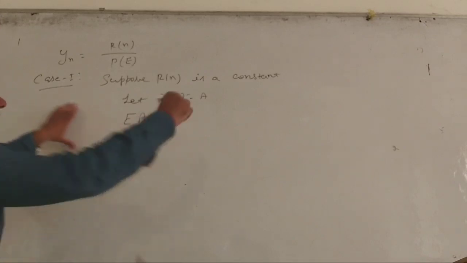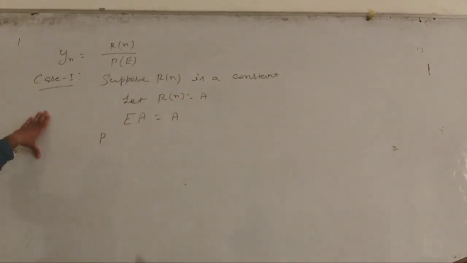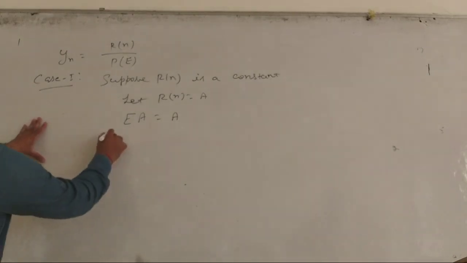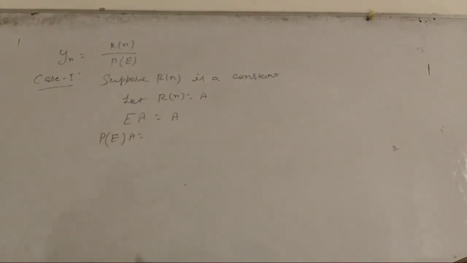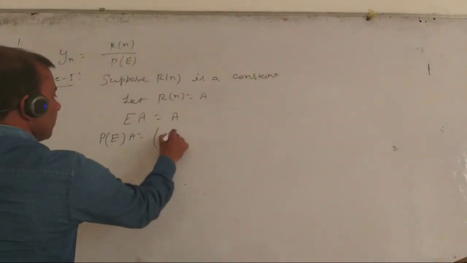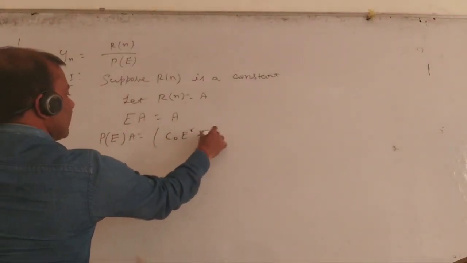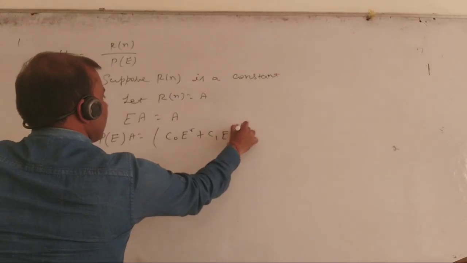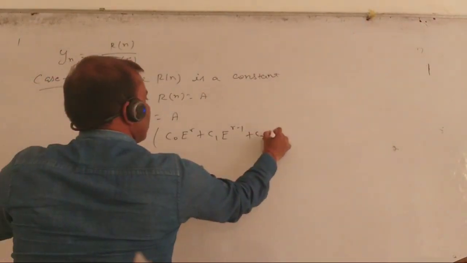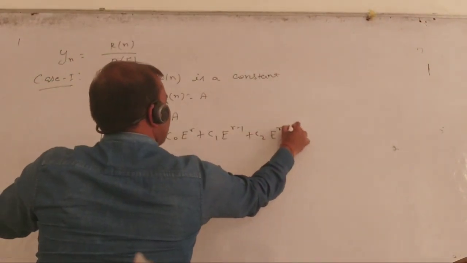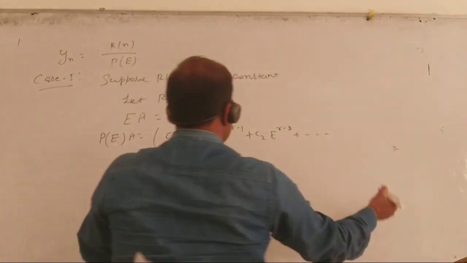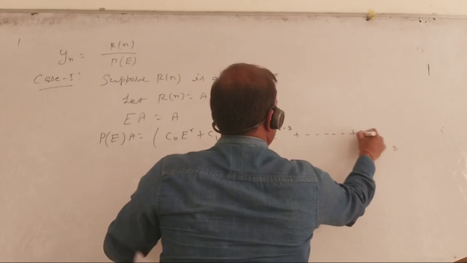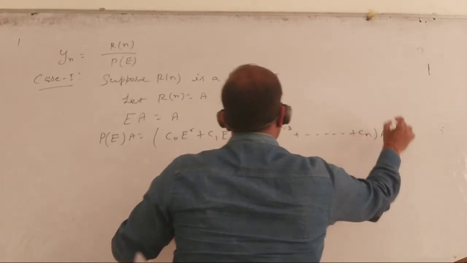So P of E into a equals C0 E^r plus C1 E^(r-1) plus C2 E^(r-2) and so on, plus Cn, into a.